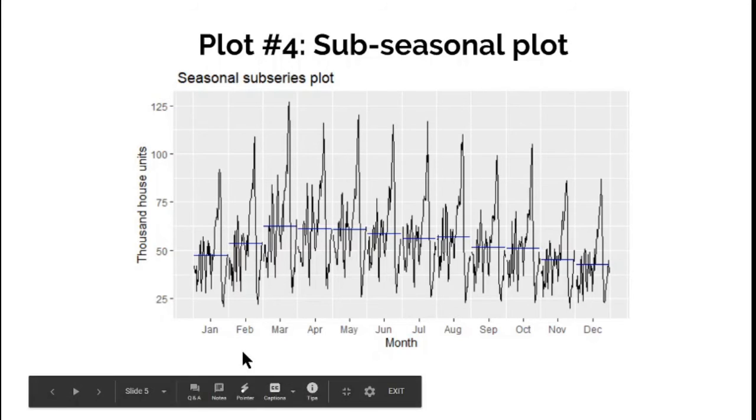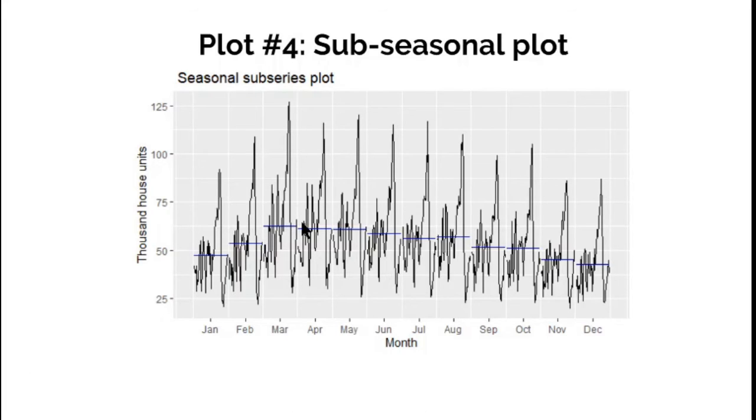For example, here the horizontal bars represent the mean housing units sold in every month, and these variations are for each year in this particular month. What are the variations over the years since the 1970s, for example, to 2018?